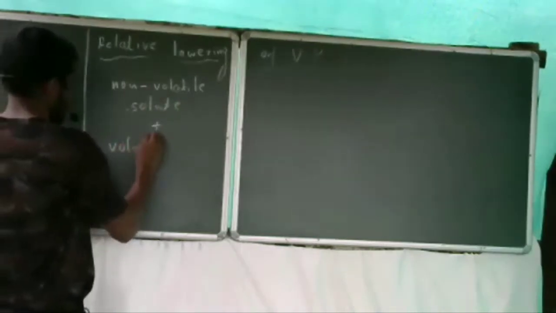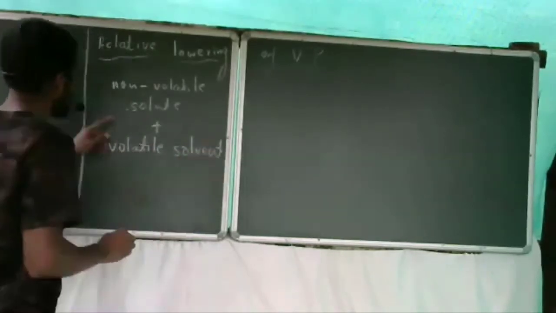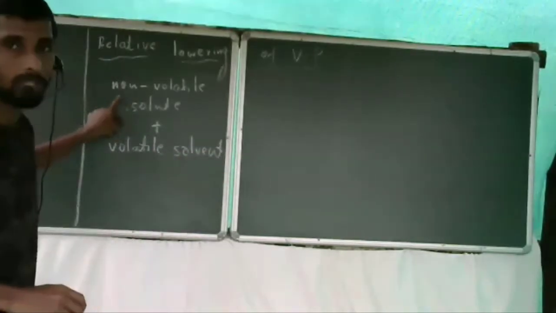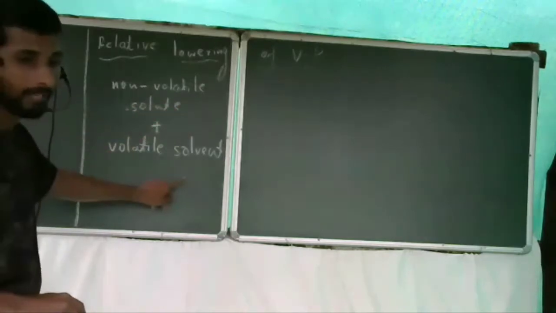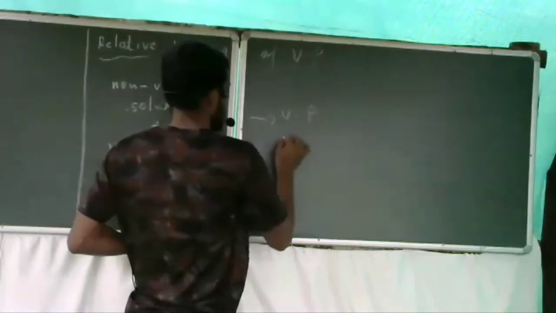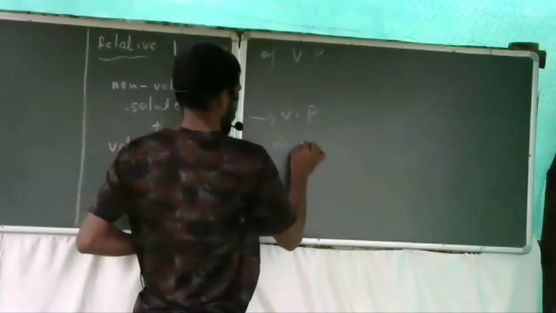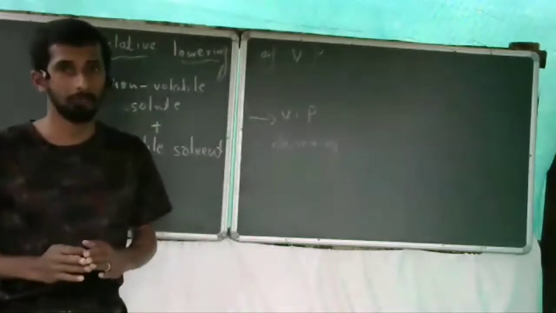If you prepare a solution of a non-volatile solute with a volatile solvent, then the vapor pressure of the solution decreases. That is because of the non-volatile nature of the solute.